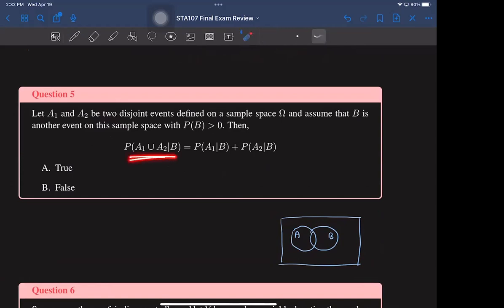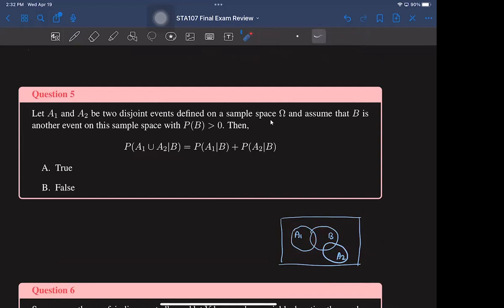Okay, so the left-hand side here. Actually, I missed one circle, I missed A2. So this circle represents A1, this circle represents B, and this circle represents A2. And A1 and A2 are two disjoint events, that's why there is no overlapping between them.